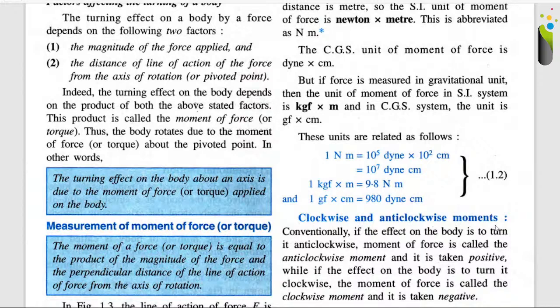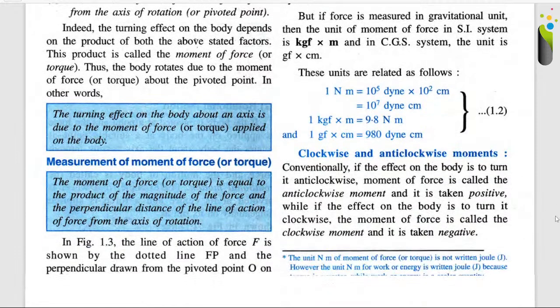So friends, these relations are very important for you to solve the numerical problems that may appear in the exams. Also, this can be asked to you in any form. The relationship between different units can be certainly asked. You may be asked the SI unit, you may be asked the CGS system. Please keep this in mind.